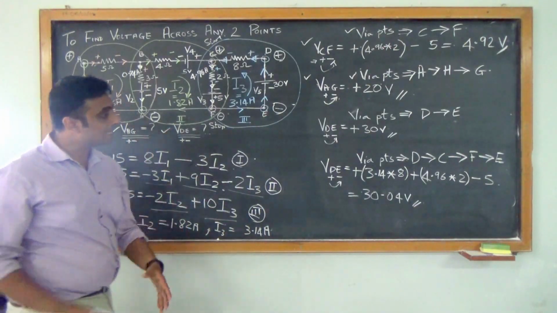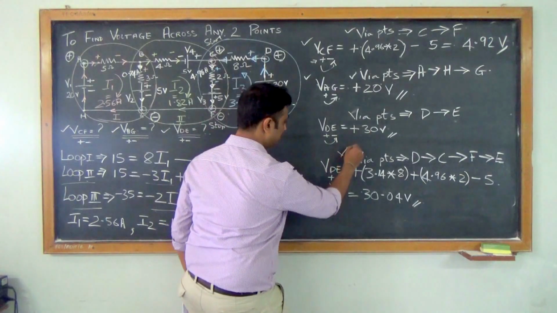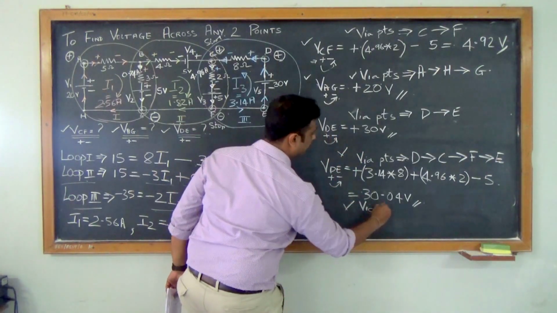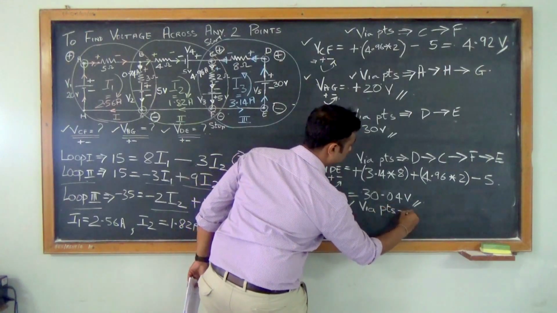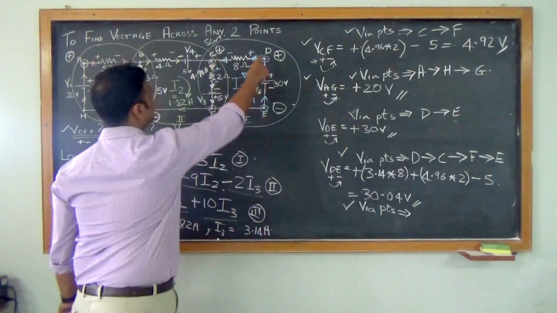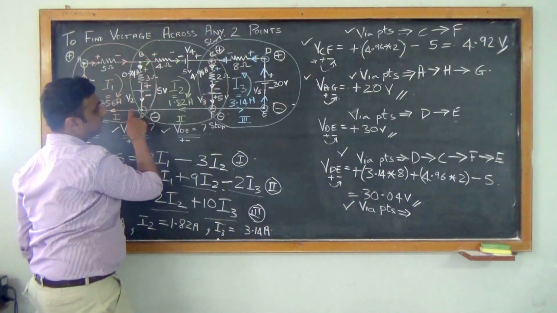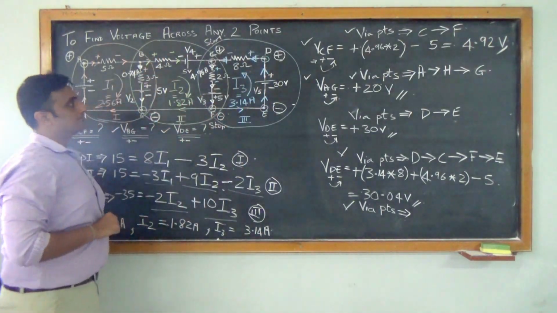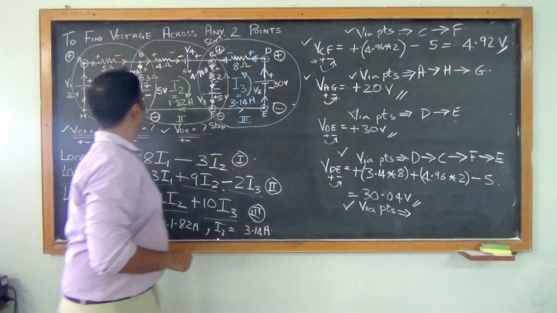Now we will just again check the consistency, and it will be a practice for us. We will take wire points D to C, C to B, B to G, G to F, and F to E. So basically it is this loop. So I am taking the long route.